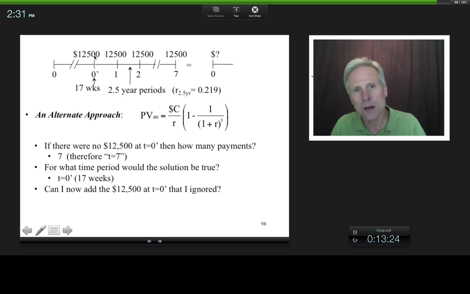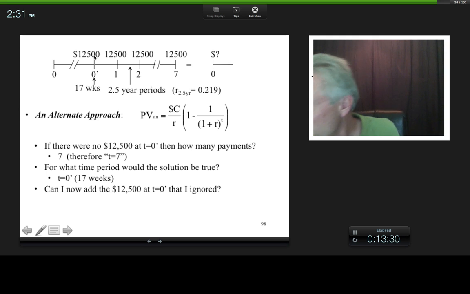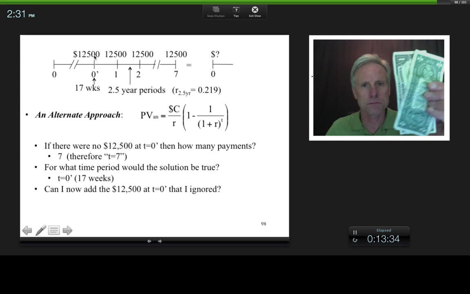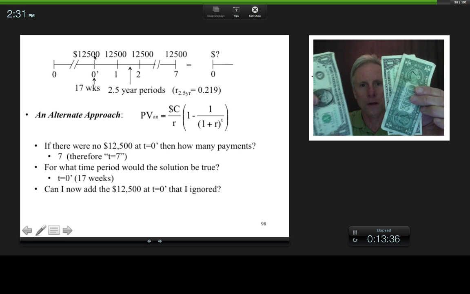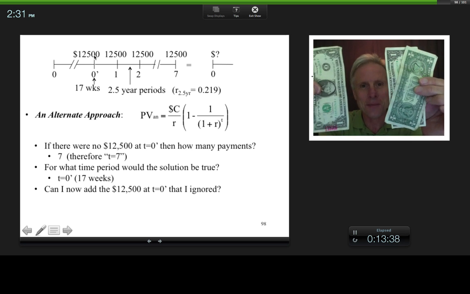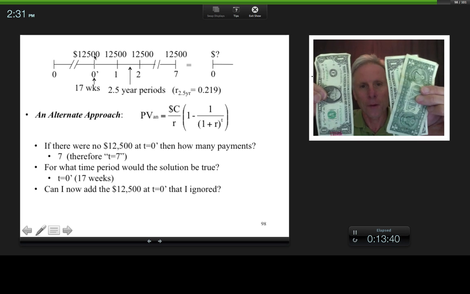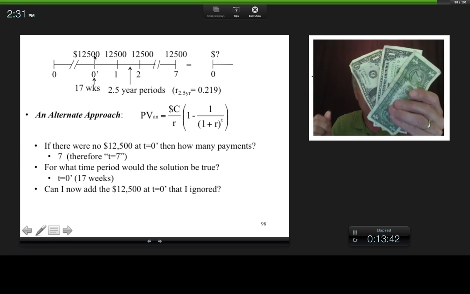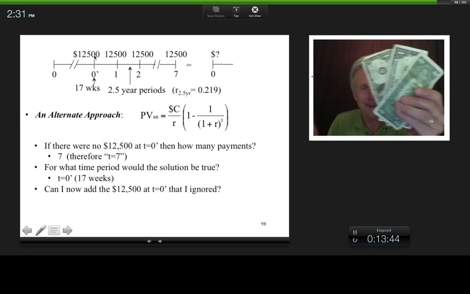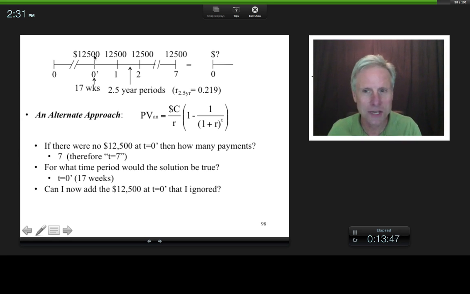Can I add $1 from one time period to another dollar of the same time period? Well, sure. I'll illustrate. Here's $2 right now, and here's $1 right now. Are they both in the same time period? They are, right? So can I add them and get $3? I can, right? And so it's the same thing here.